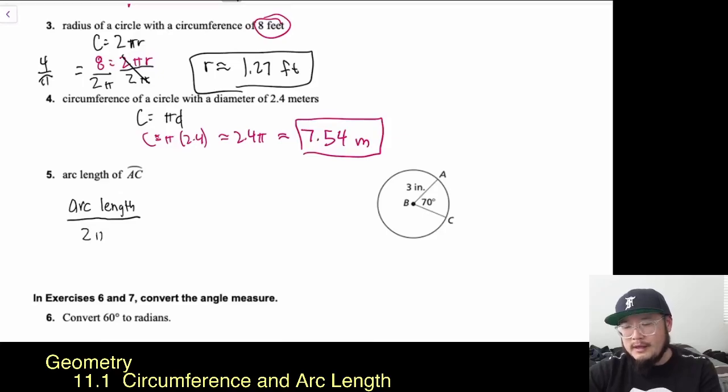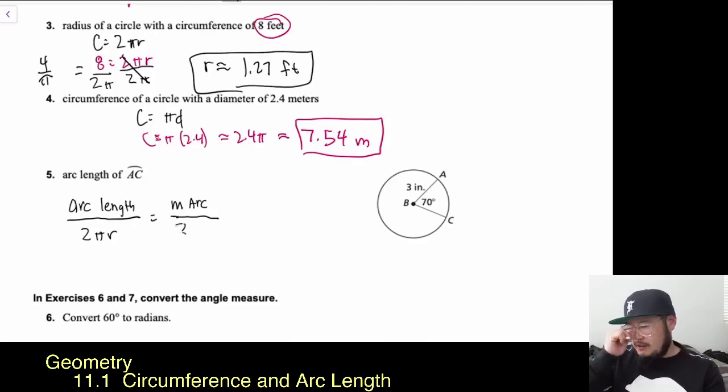That's equal to, on the right side, we are dealing with angles, the measure of the arc over, and then remember, a circle all the way around is 360 degrees.